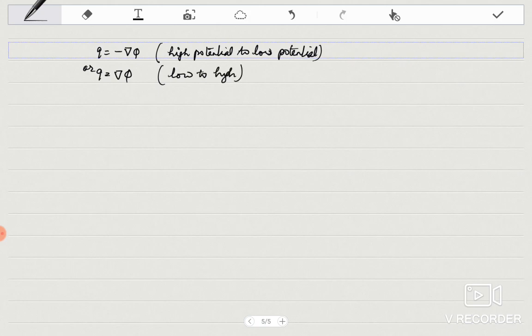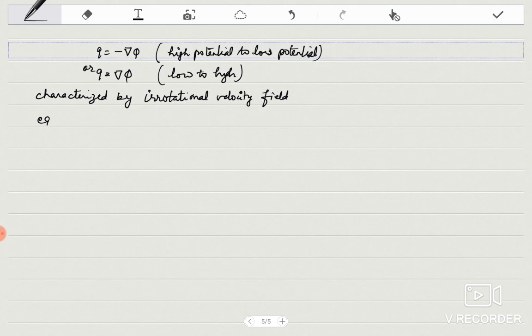So potential flows are characterized by an irrotational velocity field.